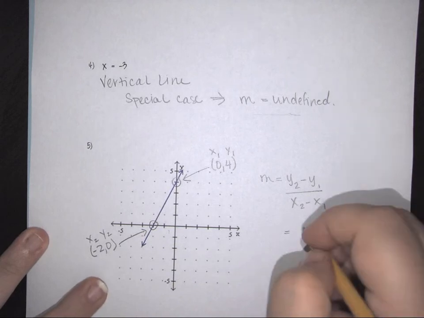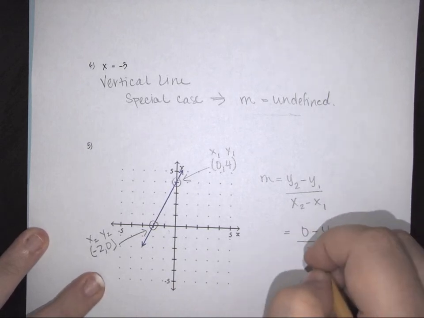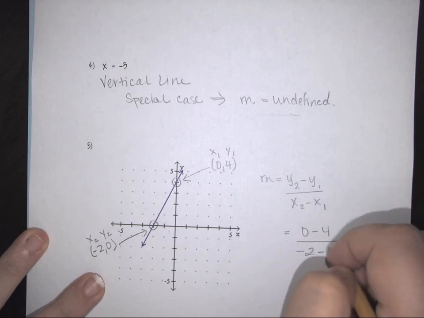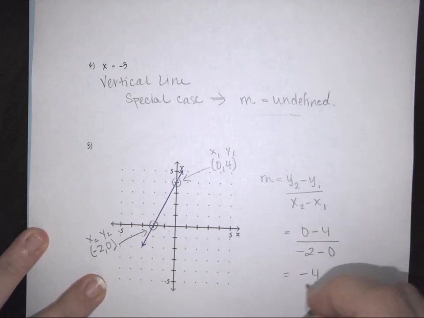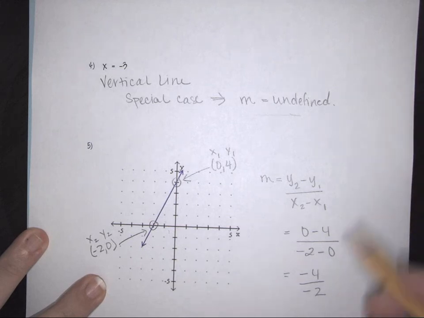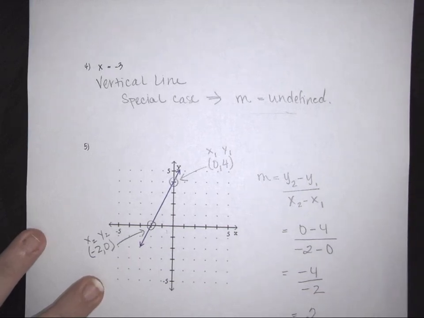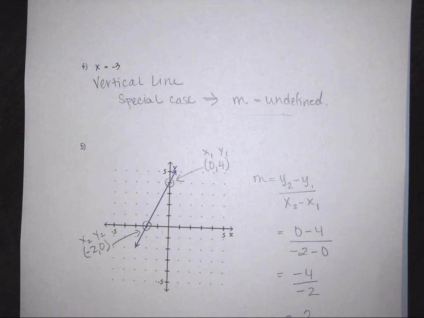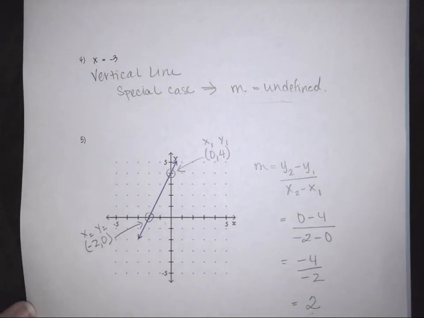This would give us 0 minus 4 all over -2 minus 0. 0 minus 4 is a -4 over a -2. Minus a negative becomes positive, and 4 over 2 becomes 2. Essentially this tells us that we are doing a rise of 2 over a run of 1.